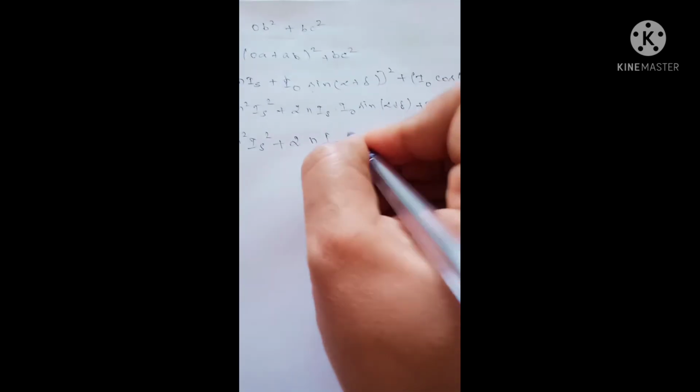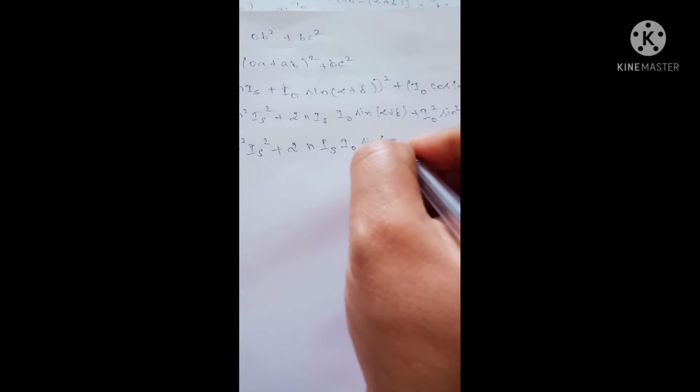So here we have n square Is square plus 2nIs I naught sine of alpha plus delta plus, in these two terms we have I naught square common, taking it outside, sine square alpha plus delta plus cos square alpha plus delta.